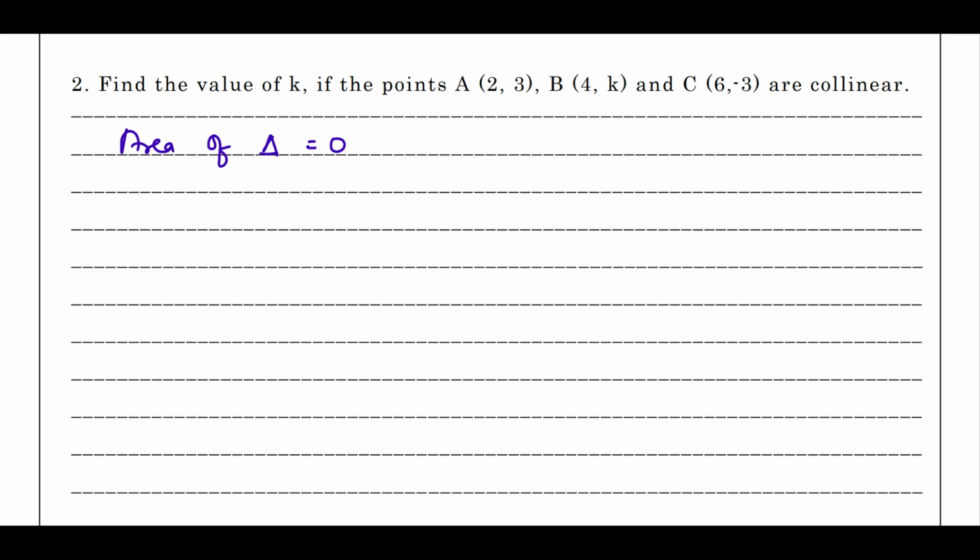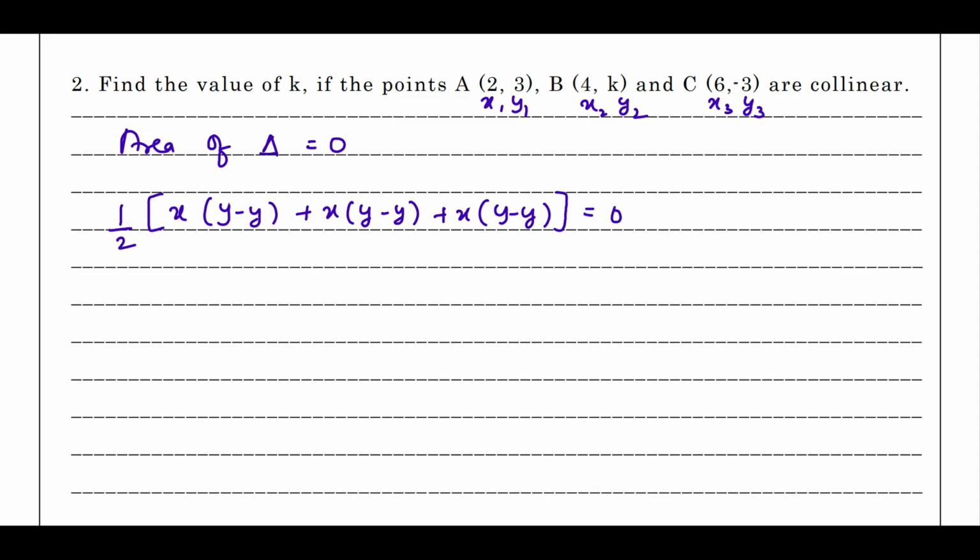Now consider point A as x1, y1, point B as x2, y2, point C as x3, y3. What is the area of triangle formula? Half into x1(y2 minus y3) plus x2(y3 minus y1) plus x3(y1 minus y2) equals 0.